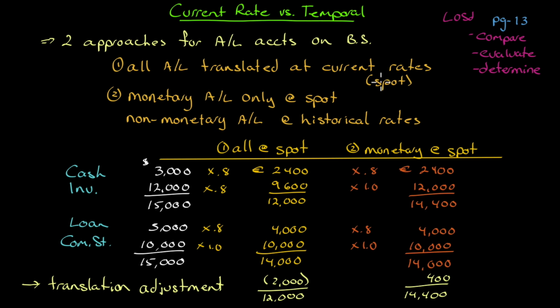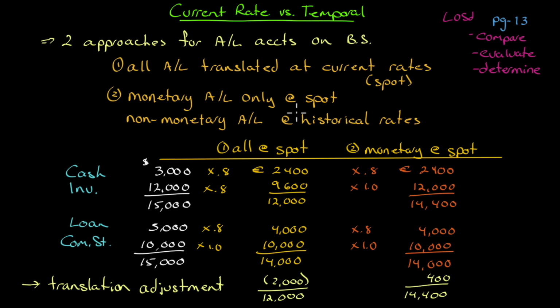Whatever the rate is on the balance sheet date, that's what they're translated at. And number two, only monetary assets and liabilities are translated at the spot rate. Non-monetary assets and liabilities, meaning we bought them at some point in time, should be translated at historical rates, the rates that existed at the time that they were purchased.